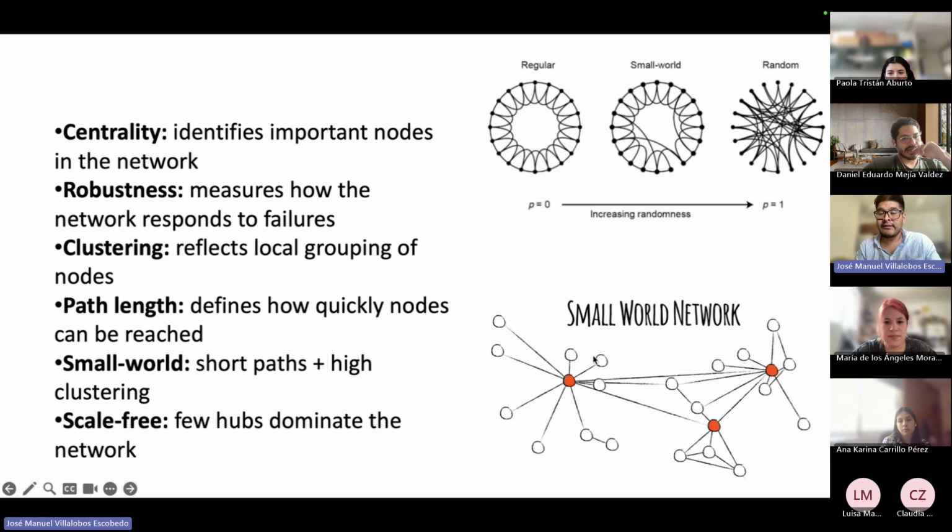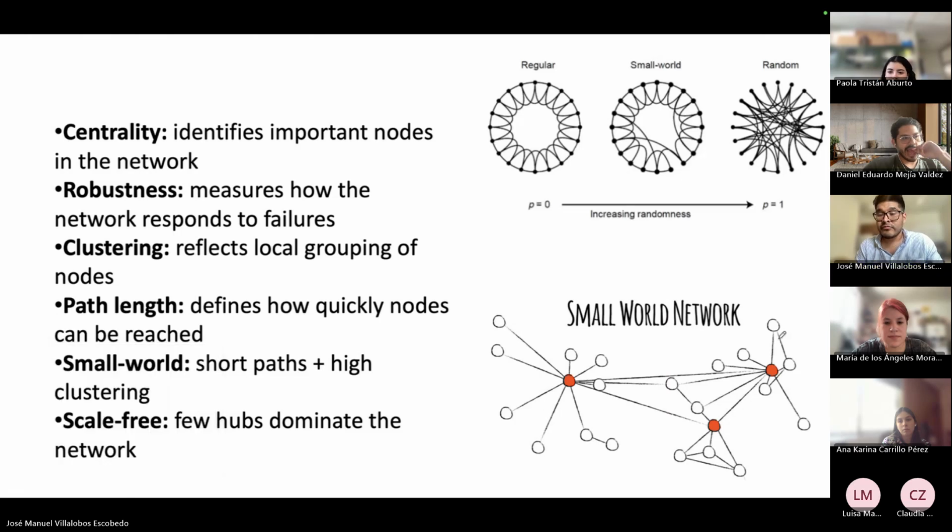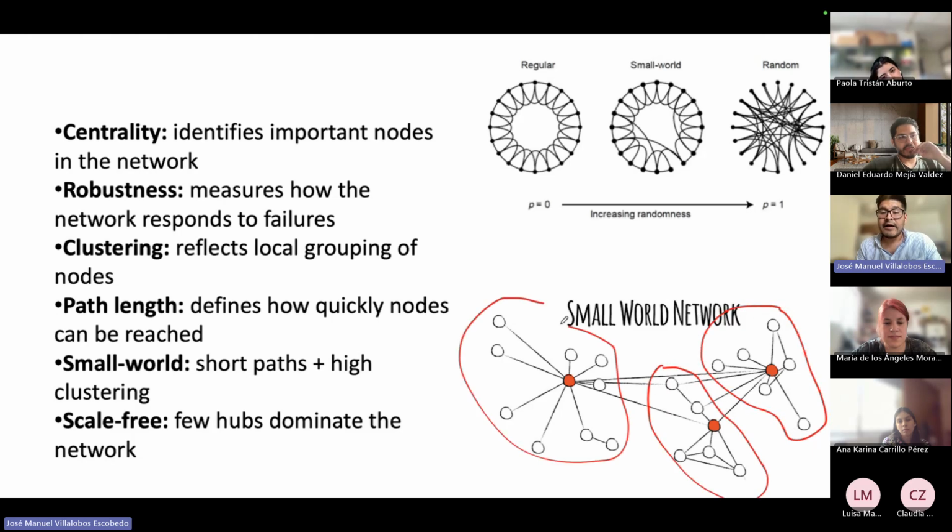For example, in this simple network, we can talk about three different clusters. This is one cluster, this is another cluster, and this is another cluster around some hubs that are central in our network.